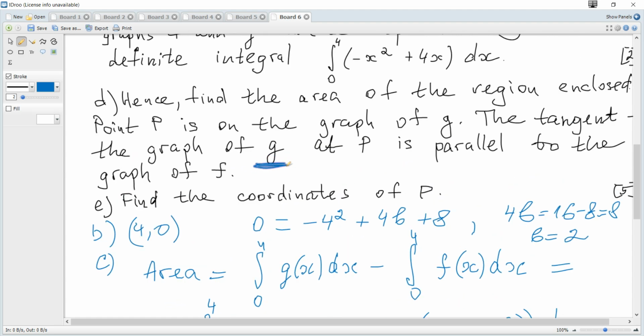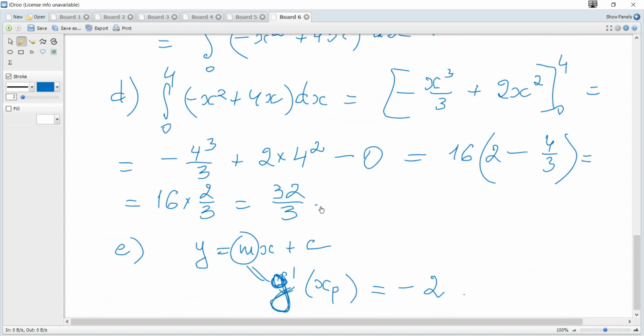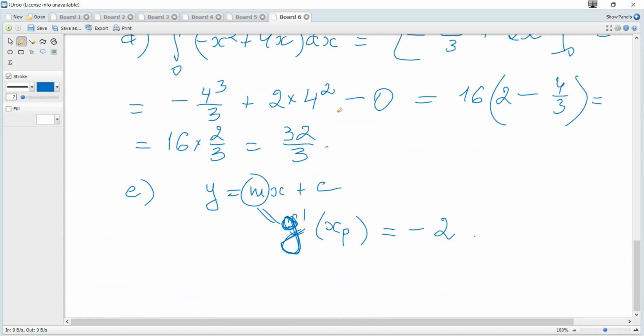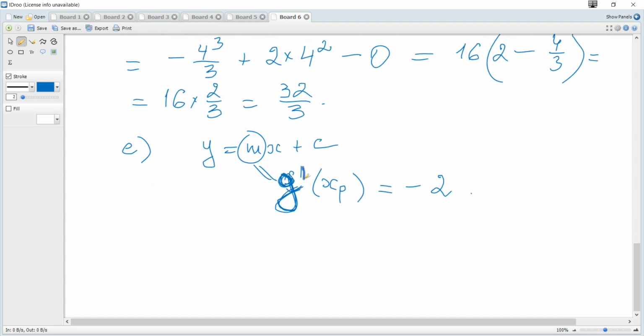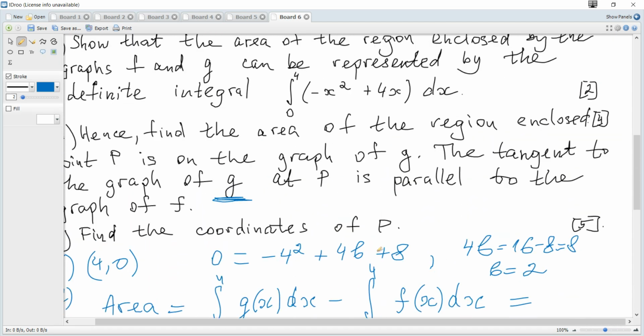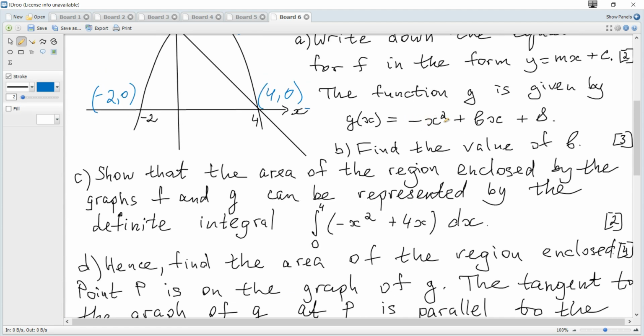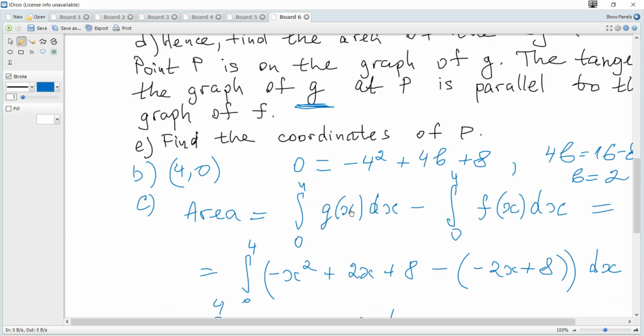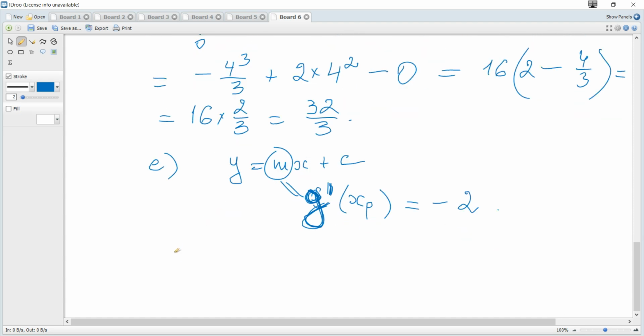not f, because it's a tangent to the graph of g, not f. It's just in general the derivative of some function, but here the function is g. So we get an equation: the derivative at some point is negative 2. If we find the derivative of g, it's negative 2x plus 2, and this derivative is negative 2.